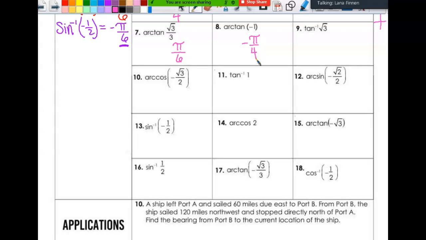If you have a negative value, you'll have a negative angle for sine and tangent, but for cosine, it'll be a second quadrant angle. All right, so then tangent inverse of the square root of 3, what's that going to be? Pi thirds, right? Okay. All right, so I'll give you a minute for 10, 11, and 12.